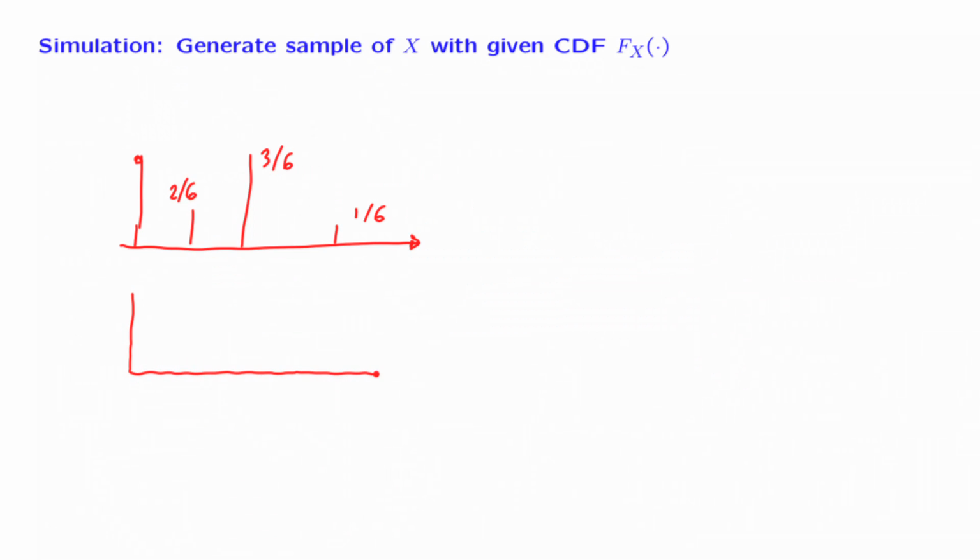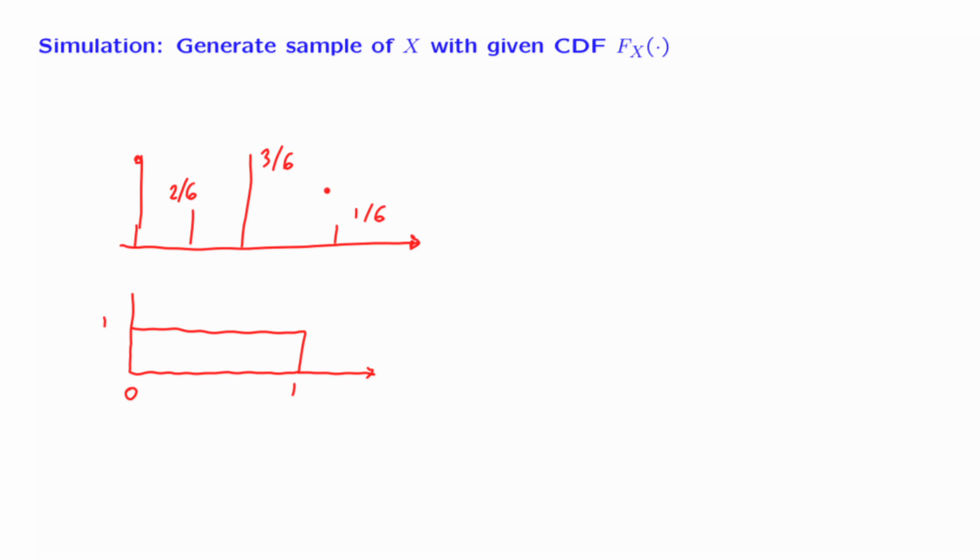So suppose that I want to generate samples of a discrete random variable that has the following PMF. It takes this value with probability 2/6, this value with probability 3/6, and this value with probability 1/6. What I have is a uniform random variable that's drawn from a uniform distribution.